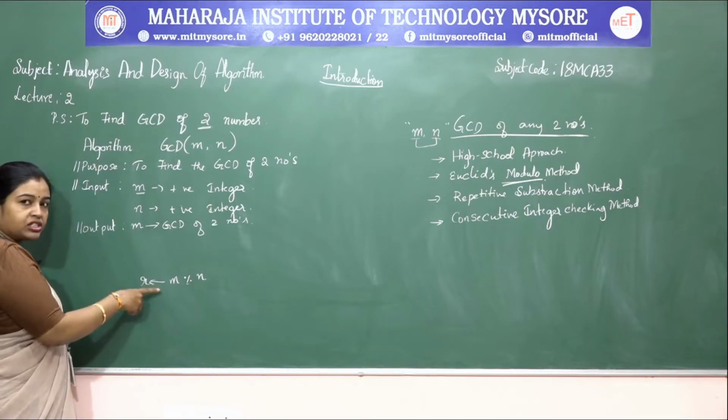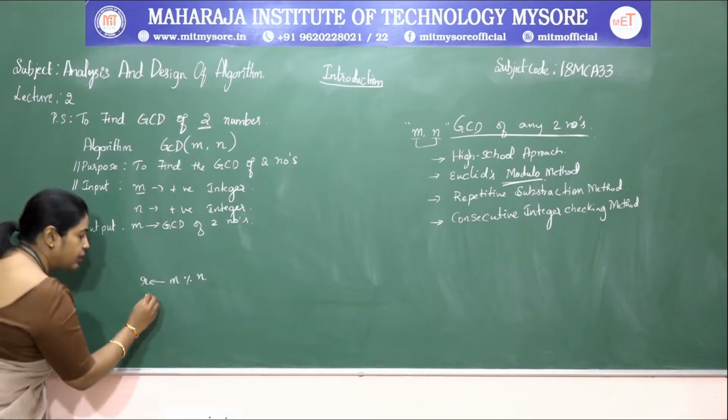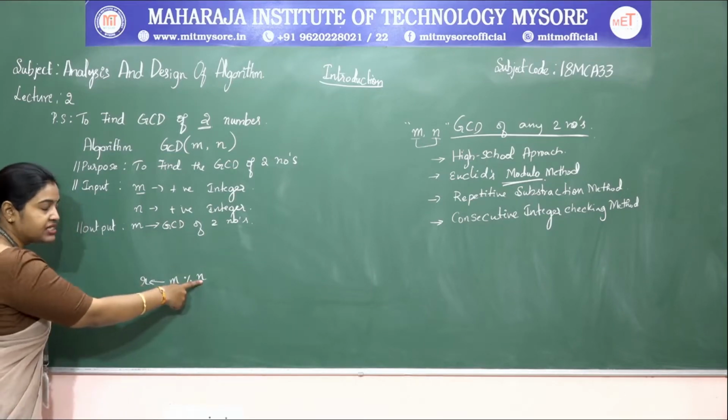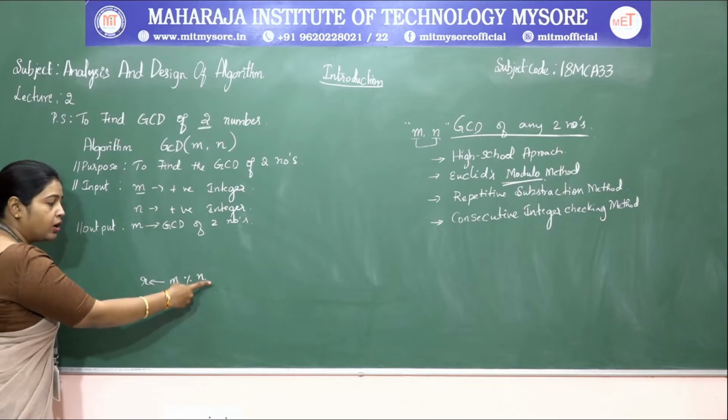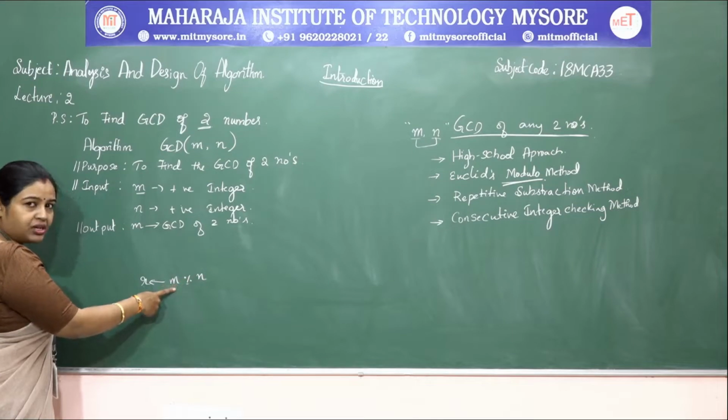So once you store this value, we need to assign values. The remainder should be assigned to the second number, and the second number should be assigned to the first number.